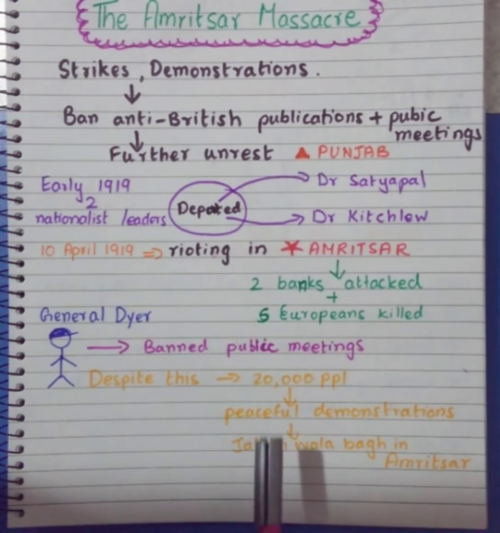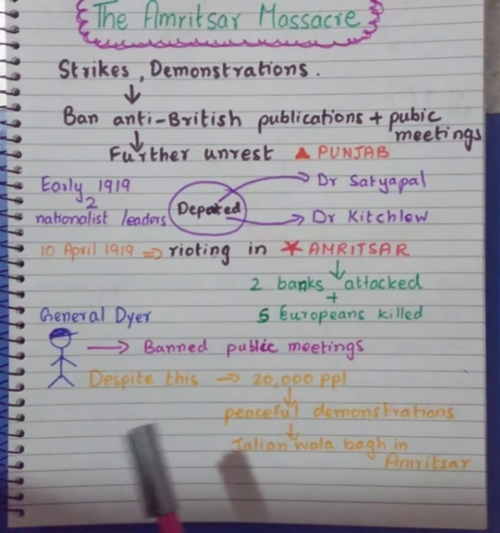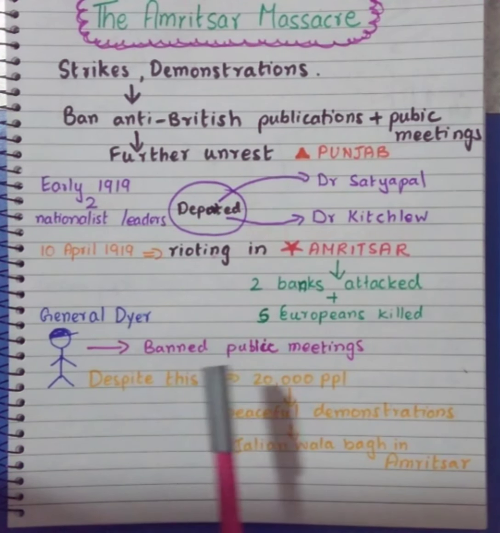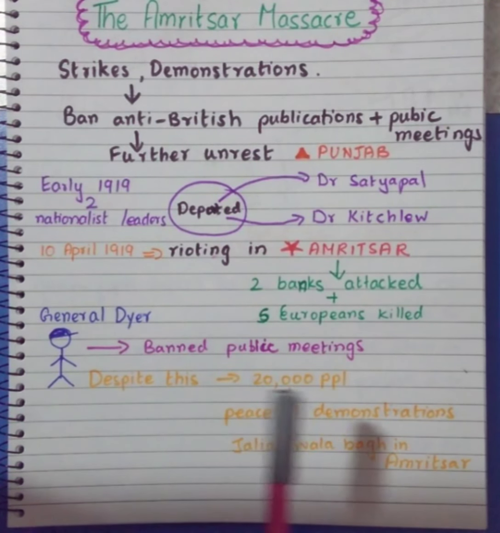Despite this, around 20,000 people gathered together in Jallianwala Bagh, which is in Amritsar, and they were all unarmed, and they had gathered to just voice their concern and their displeasure to the Rowlatt Act recommendations. And it was actually a peaceful demonstration. Despite this, something very horrendous happened.